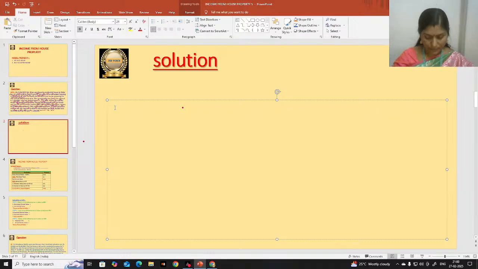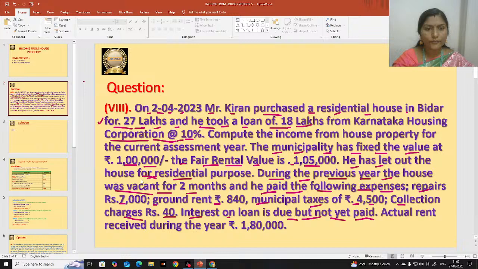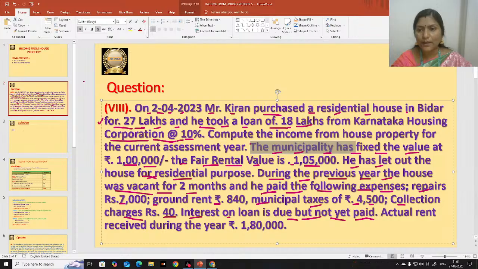First let us write what is MRV. MRV amount, how much they have given, let us see. If you see the question, here we have MRV. Municipality has fixed the value at rupees 1 lakh.